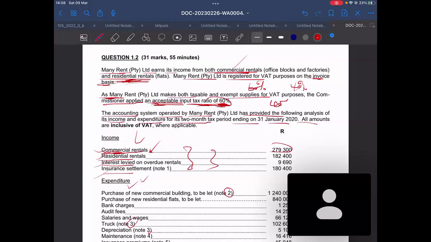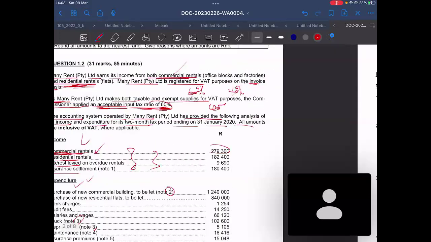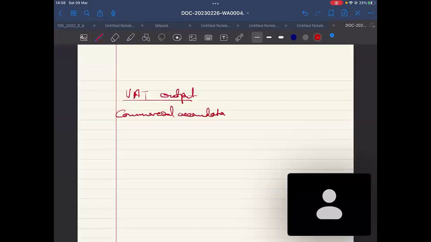Right, we start with our income. Commercial rentals is 279,300. So we're going to calculate input VAT on this amount, 279,300 times 15 over 115. Let's move fast and do the calculations.